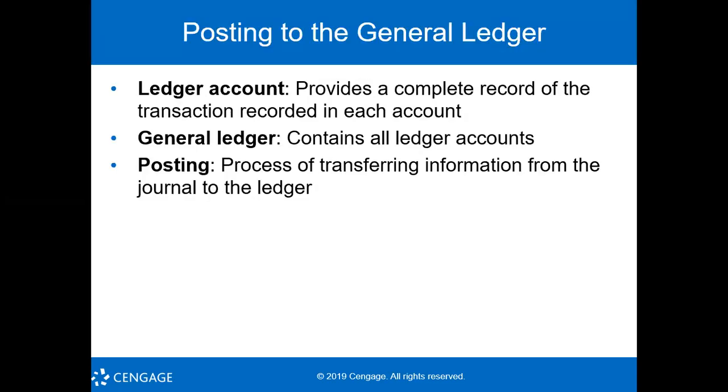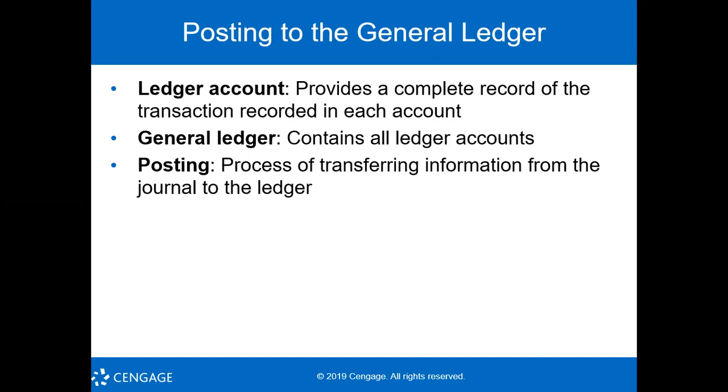All right, so posting to the general ledger. The T account that we've gotten practice with is also known as a ledger account. I put that on the board when we went over this in chapter 2. The ledger account provides a complete record of the transactions recorded in each account. These ledger accounts are also known as T accounts.